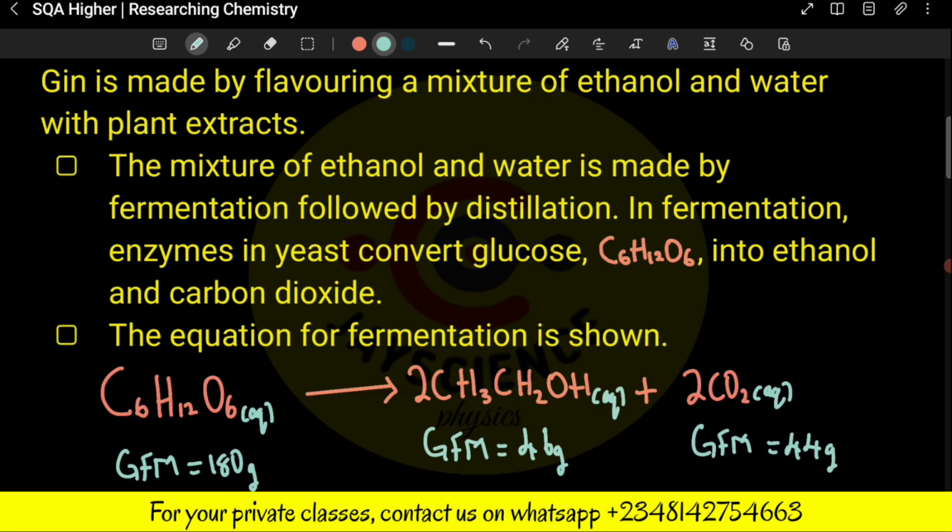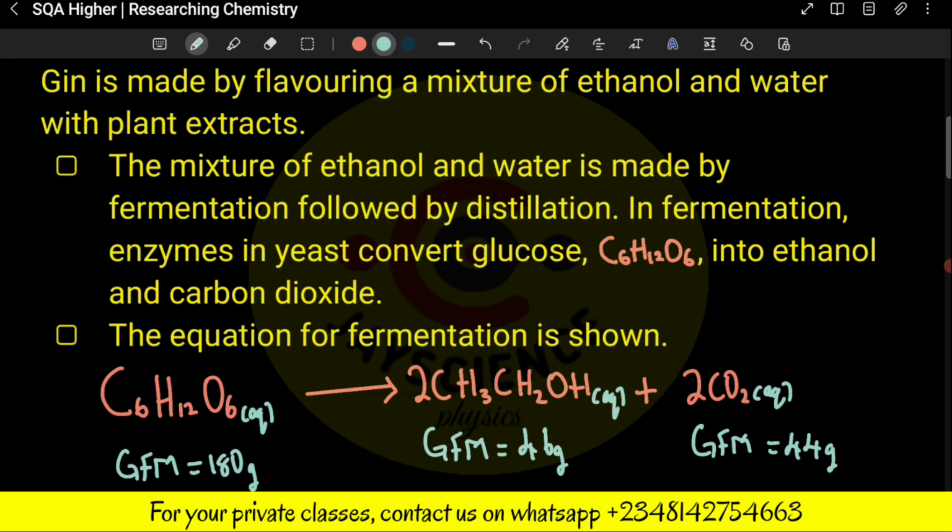You have all of that, the GFM of glucose, the GFM of ethanol, and the GFM of carbon dioxide. It's a balanced equation right there. GFM is the gram formula mass. A 50 cm³ sample of glucose solution contained 5.79 grams of glucose.